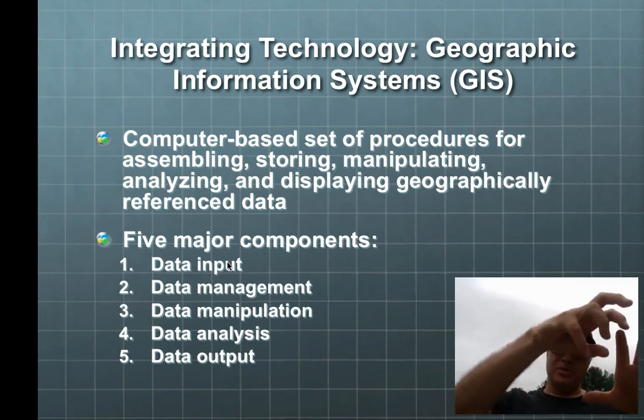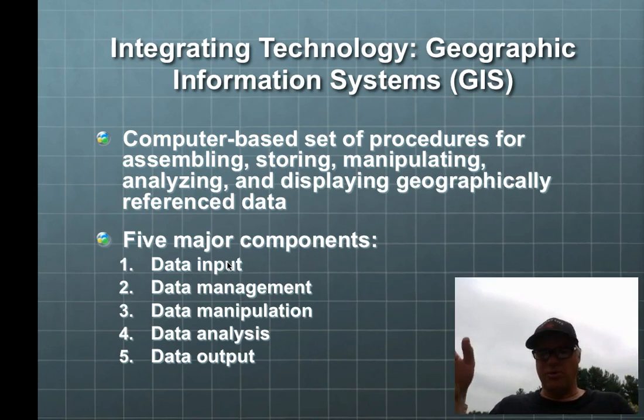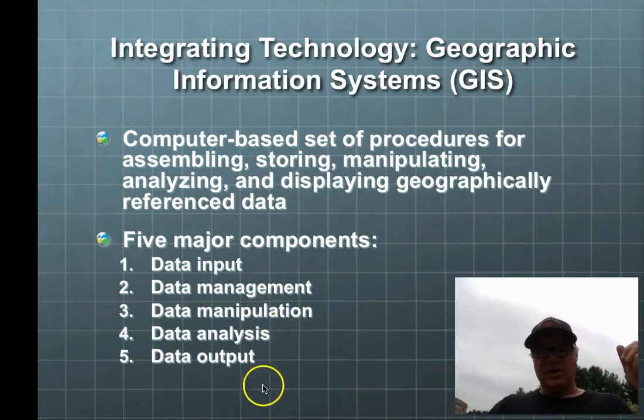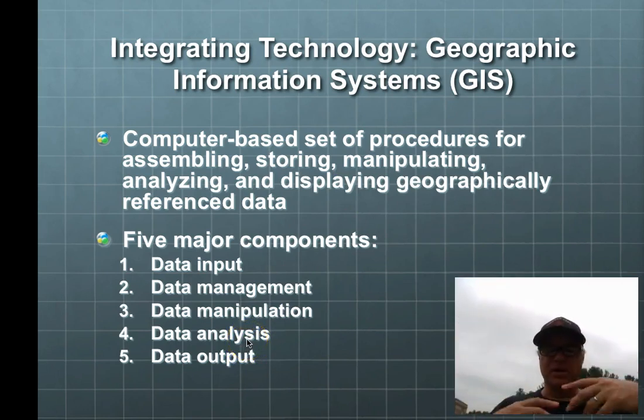So you have to take that data and input it into the geographic information system, which is essentially a computer program. It allows you to manage that data, to manipulate it and change it and shape it and add to it and all of that. And it also has very powerful tools for analyzing that data, looking at what the relationships are between different parts of data or different data points that you have, and then also making maps, right, the output from this.